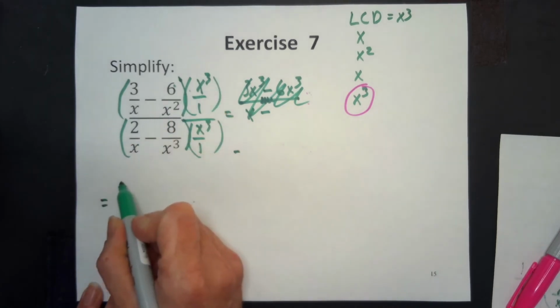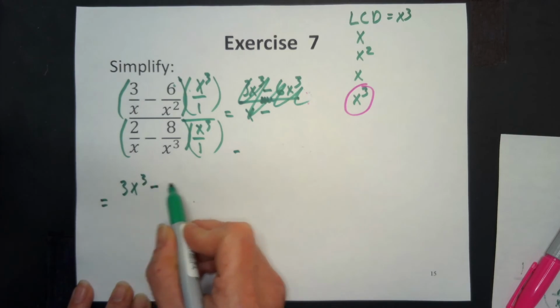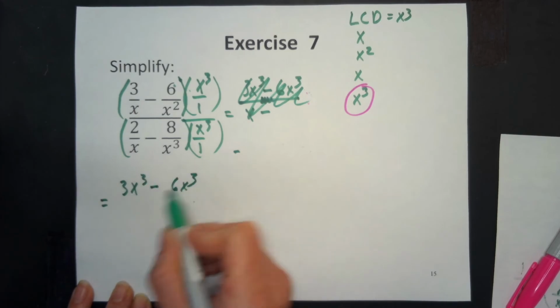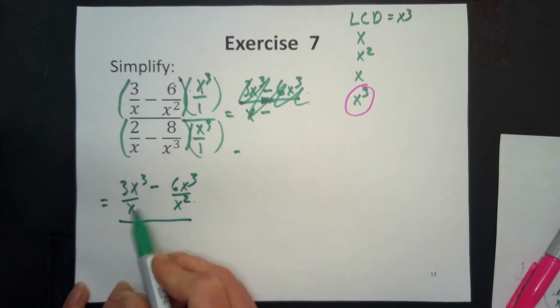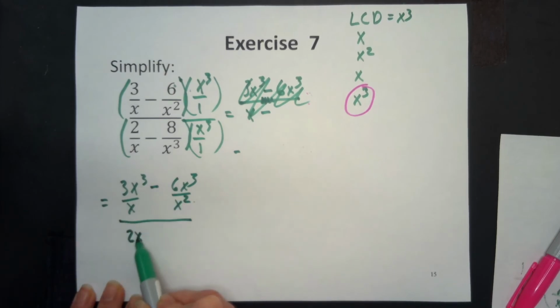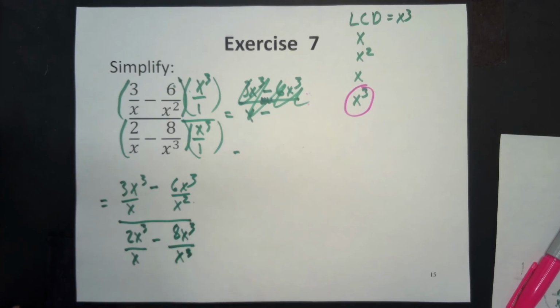This is going to be 3x to the third minus 6x to the third, this is over x, and this is over x squared, all over 2x to the third minus 8x to the third over x to the third.